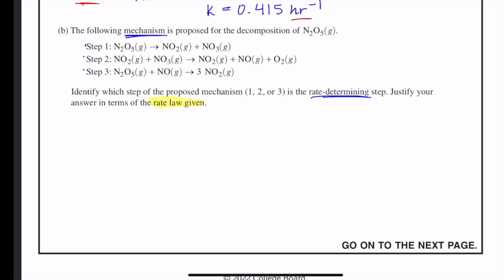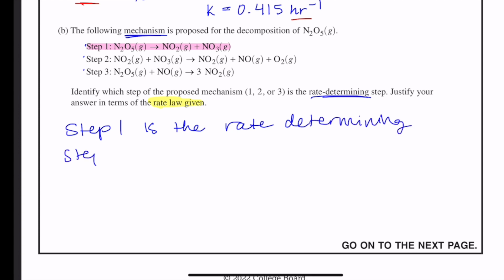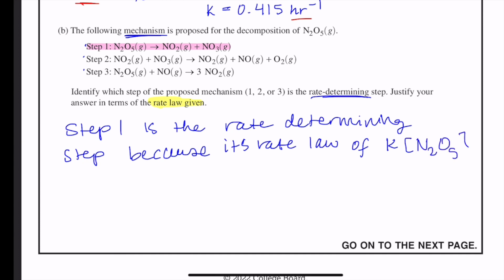So when we do that, I can see that step one is the rate determining step, because its rate law matches the rate law given.